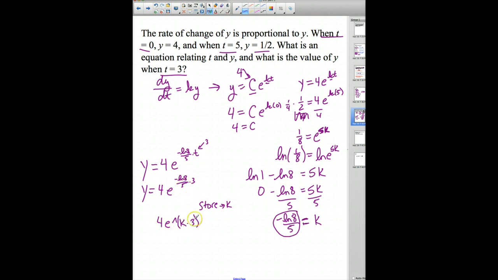And then you could use that for different numbers here, and not have to keep retyping in negative natural log 8 over 5, etc. So that value, when we plug in 3, I didn't calculate that out. I'll let you guys do that.